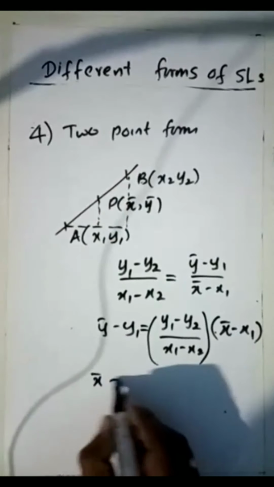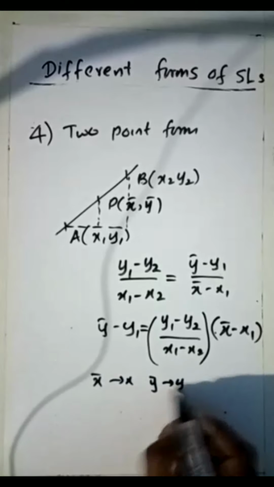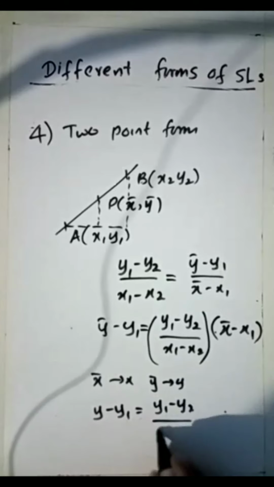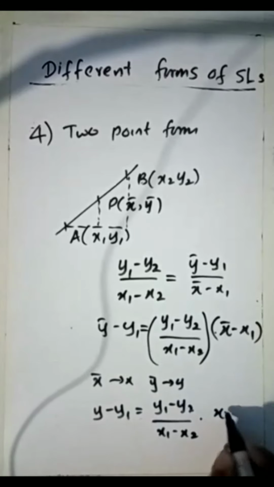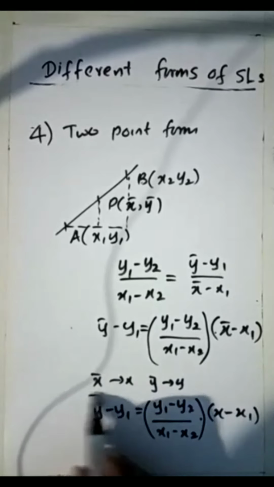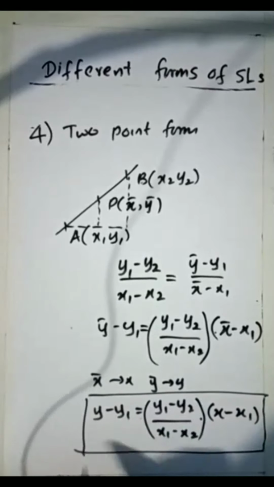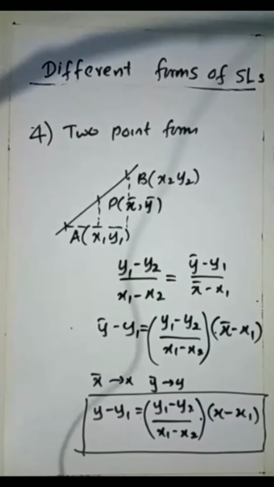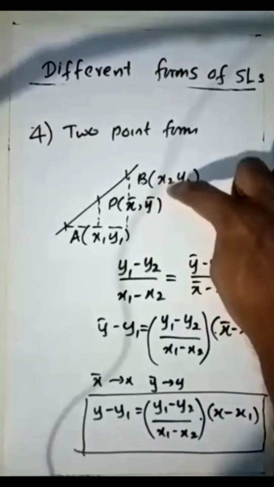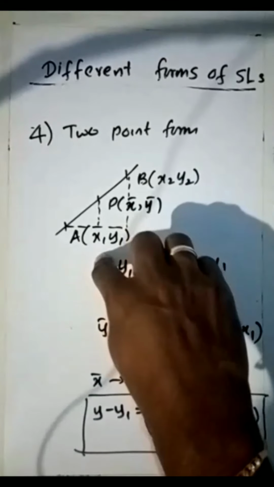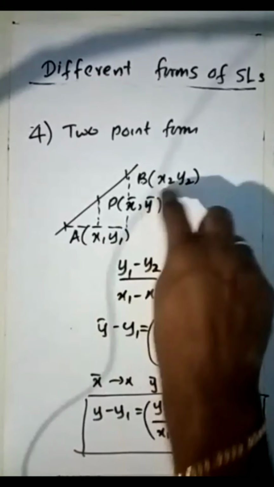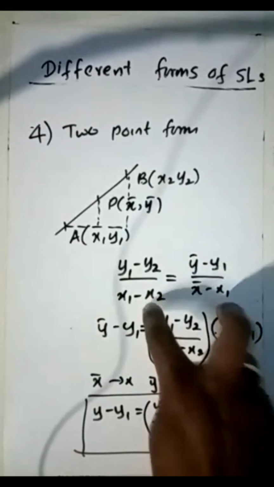Now take x bar as x, y bar as y, then y minus y1 equal (y1 minus y2) over (x1 minus x2) times (x minus x1). Here this is the final answer. It is important to remember this pattern: y2 minus y1 over x2 minus x1 gradient, and select only 1 point and write the relation.